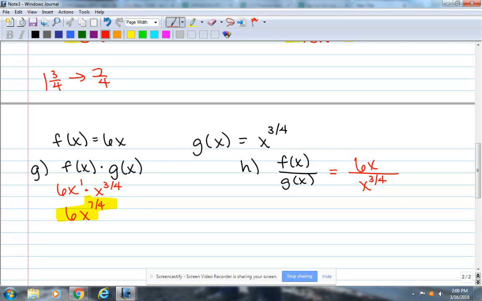So that's a 1 on top. So what is 1 minus 3/4? Well, 1 is 4/4, right? 4/4 minus 3/4 equals 1/4. So this is 6x to the 1/4. So it's really not so bad.